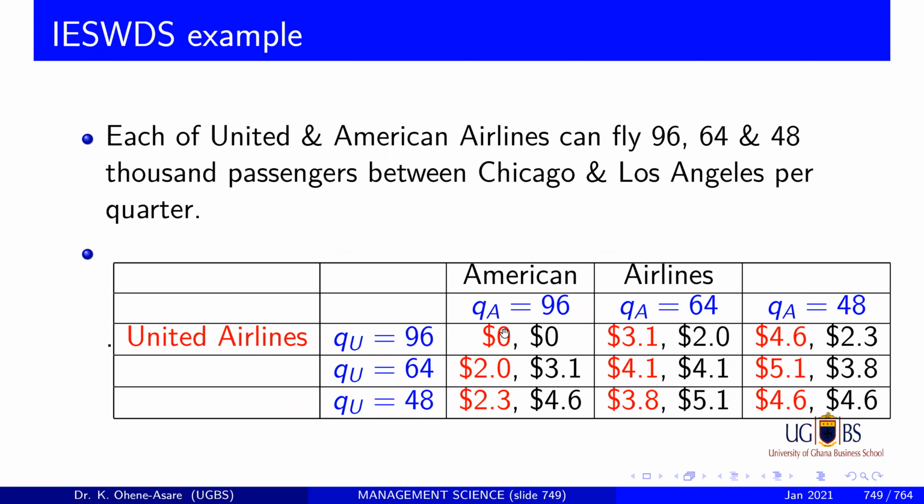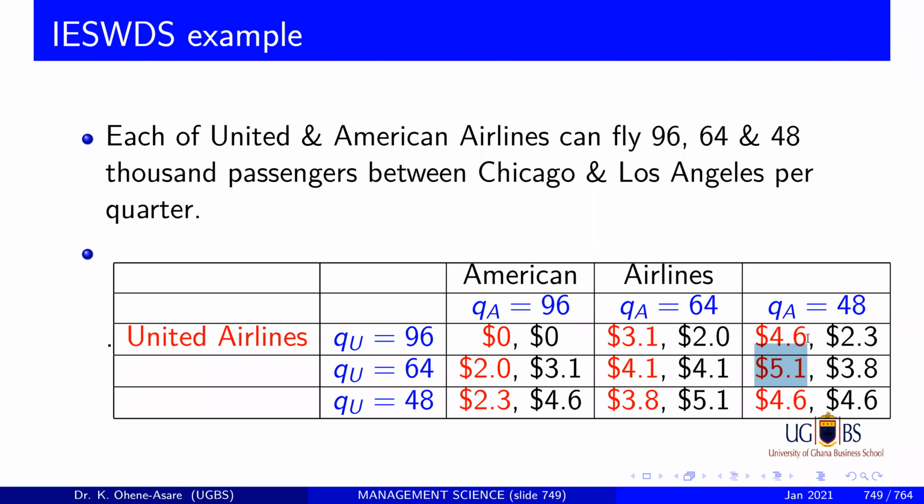Let's take the 96. For 96, I have 0, 3.1, 4.6. Let's compare 0 and the 64 values. If you compare the 0 and the 2.0, you can see that the 64 dominates the 96 strictly. If you look at 3.1 and 4.1, the 4.1 strictly dominates that. So 64 dominates 96. And when you look at the 5.1 and the 4.6, which is the last one here, you can see that 5.1 dominates 4.6.